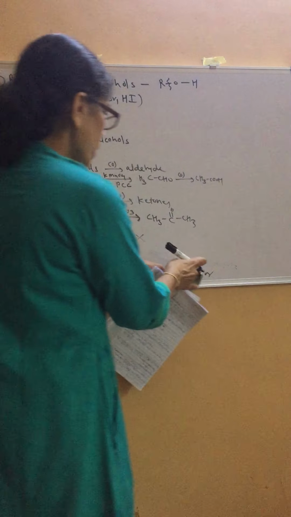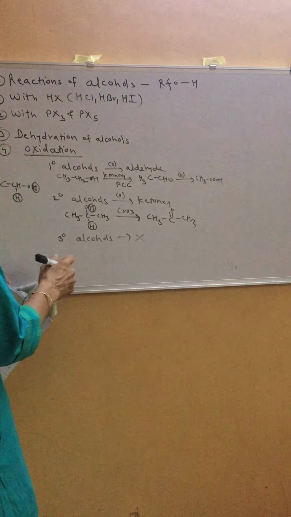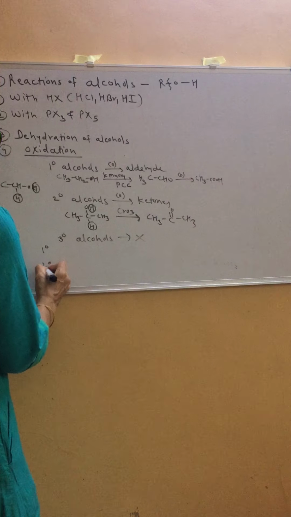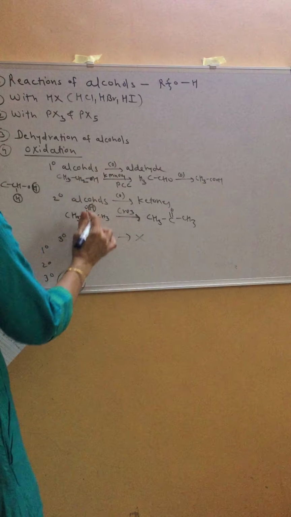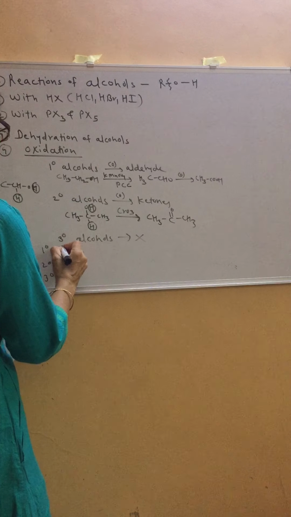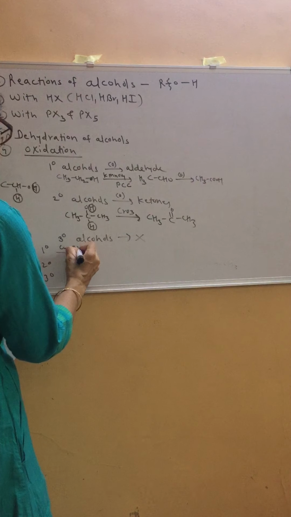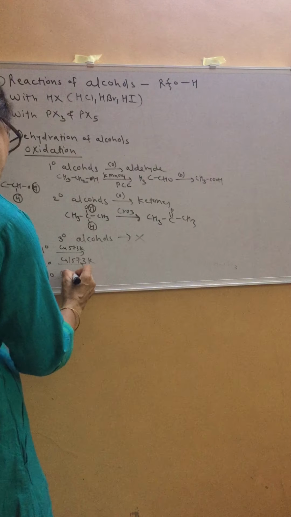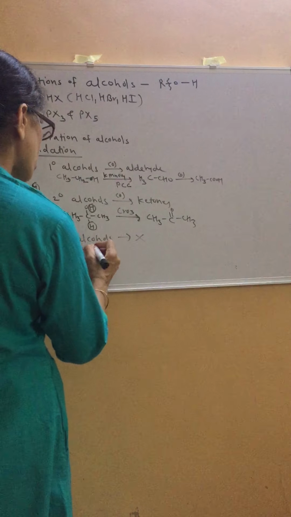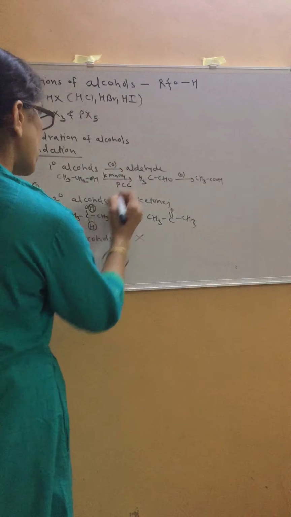The same reactions can be carried out by heating primary, secondary or tertiary alcohol, the same examples we will take, in the presence of copper at 573 Kelvin. Primary alcohol undergoes oxidation like this to form aldehyde.